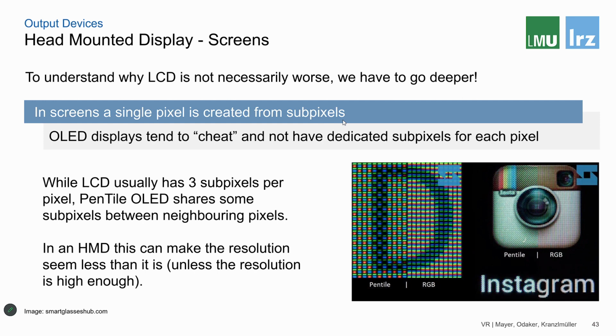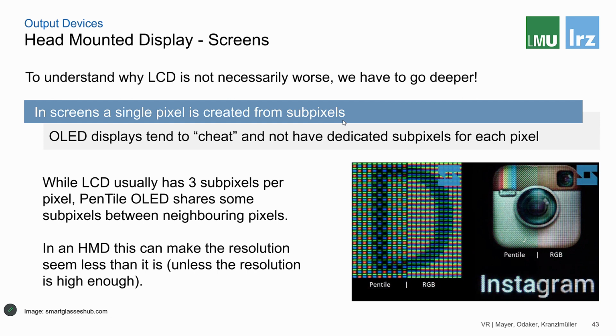And the reason for this is that a single pixel, as I said earlier, is actually not just a single pixel, it's made up from subpixels. Usually subpixels means red, green, and blue. And depending on what color you display, these subpixels go brighter or less bright.